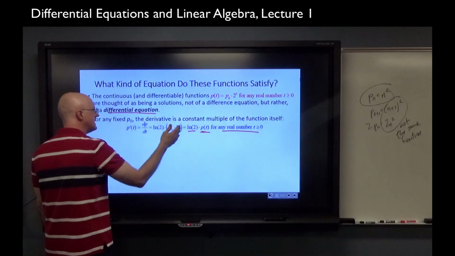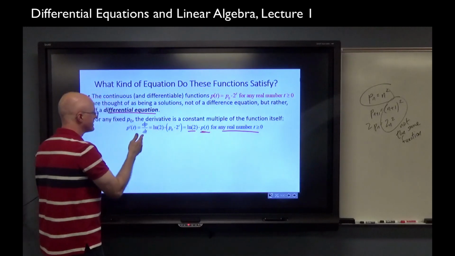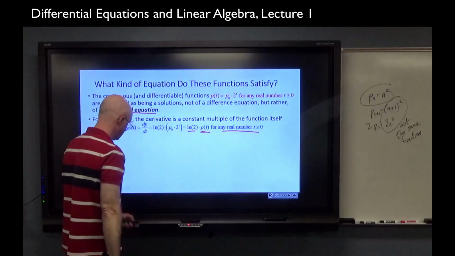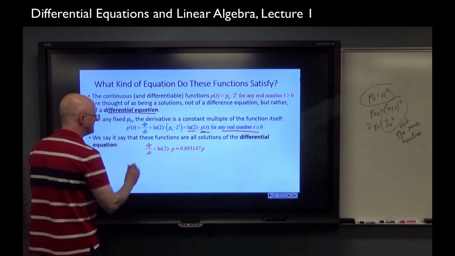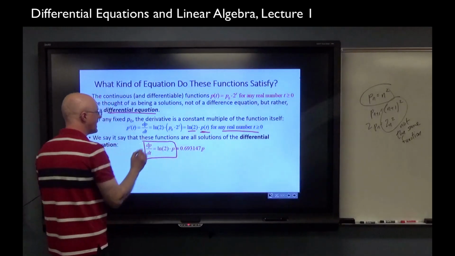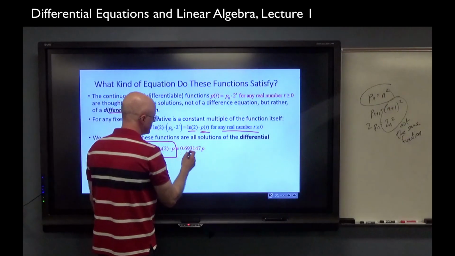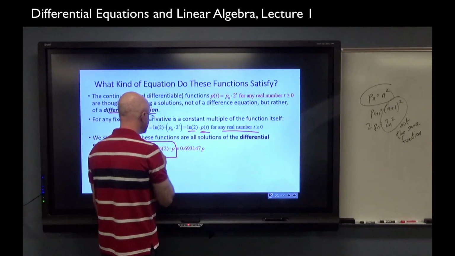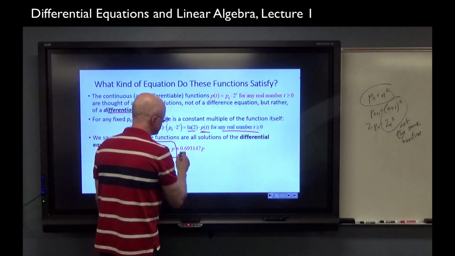Its derivative is natural log of 2 times itself. Say that again. Its derivative is natural log of 2 times itself. It satisfies this differential equation: dp dt equals natural log of 2 times p, which, since natural log of 2 is approximately 0.693147, we could also say the differential equation is approximately dp dt equals 0.693147p.